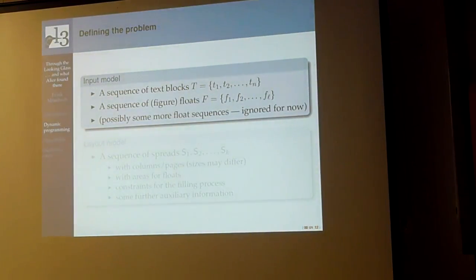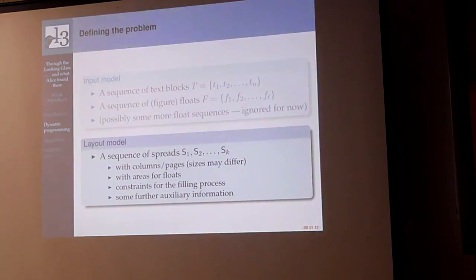And as the target output, the layout, we have a set of spreads, in other words, double pages typically, possibly with several columns. And we potentially have different sizes of the columns, so the height can be different on such a spread.